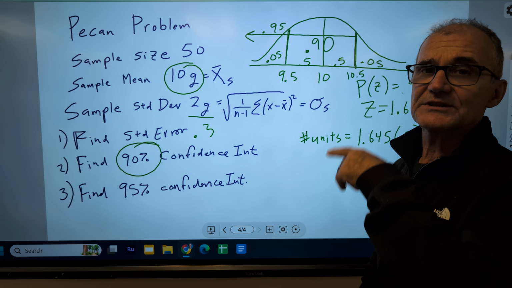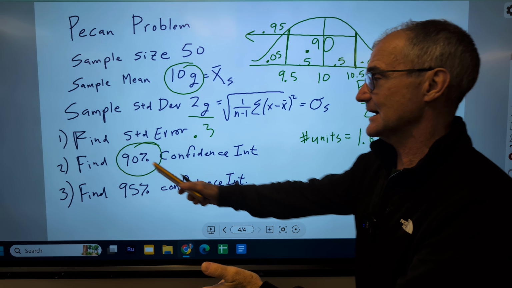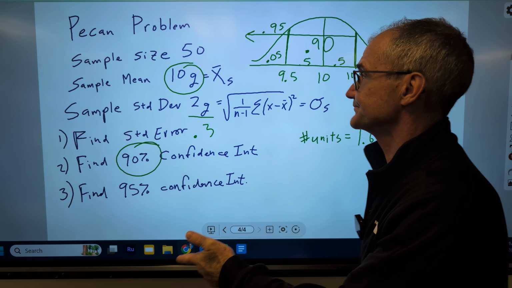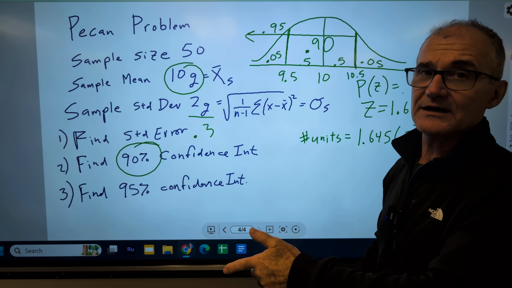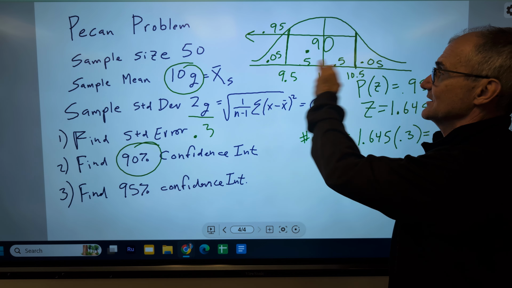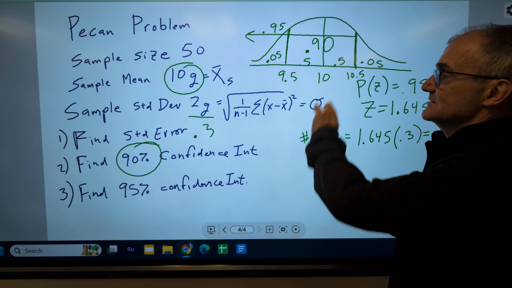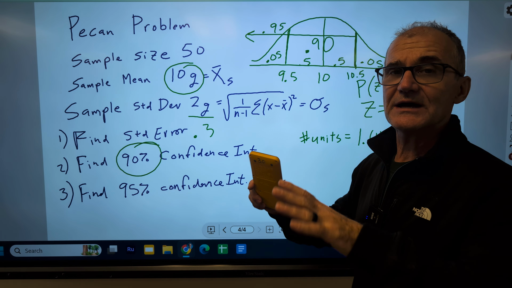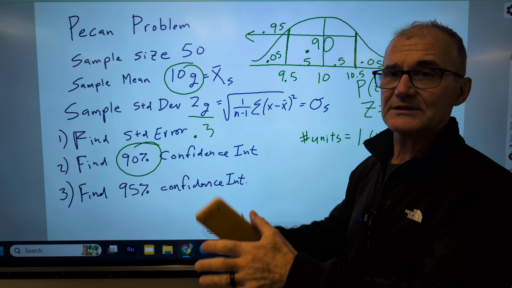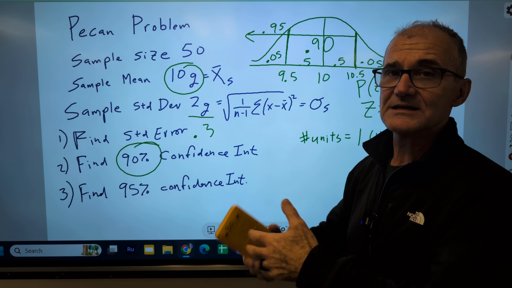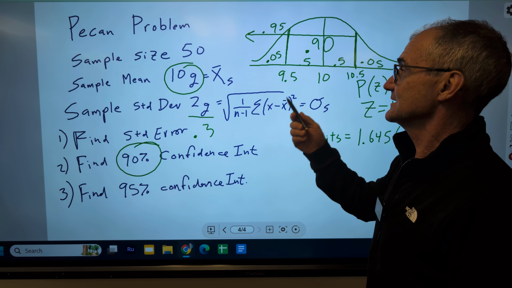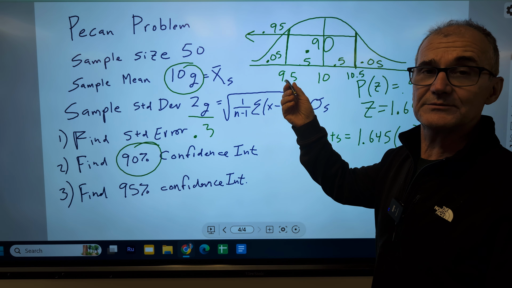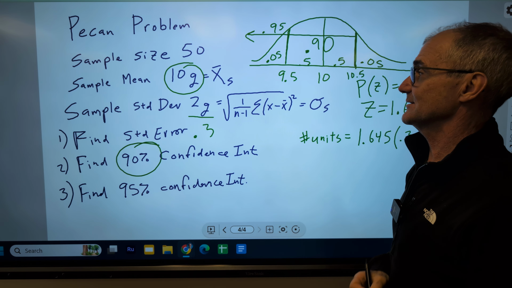I am saying with 90% probability, a 90% confidence interval, the average weight of an individual pecan will be between 9.5 grams and 10.5 grams. So if I go into my whole population, I pull out 10 pecans and I weigh them, I would expect their average weight 90% of the time to be between 9.5 grams and 10.5 grams.